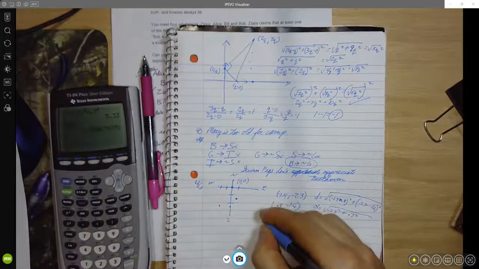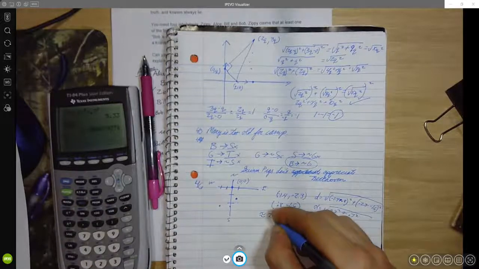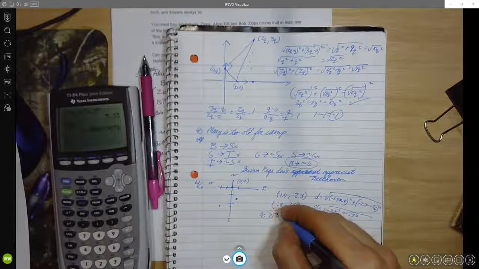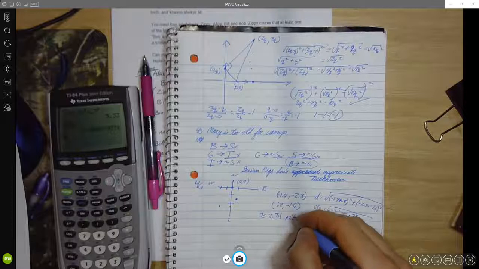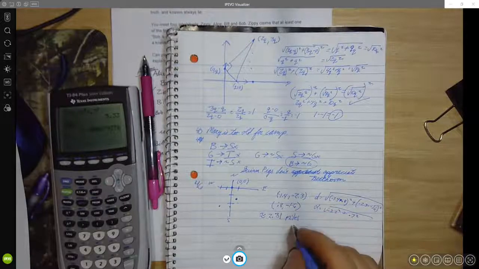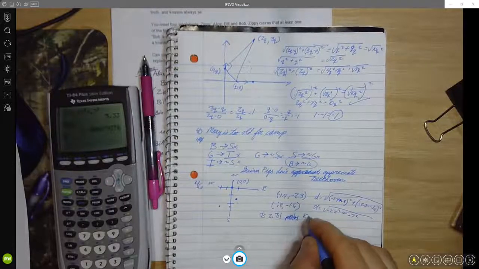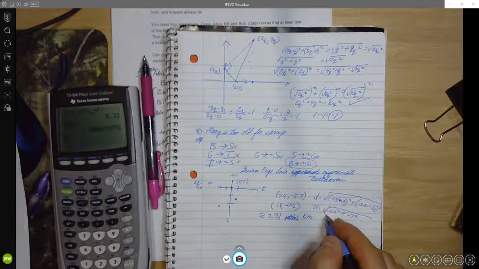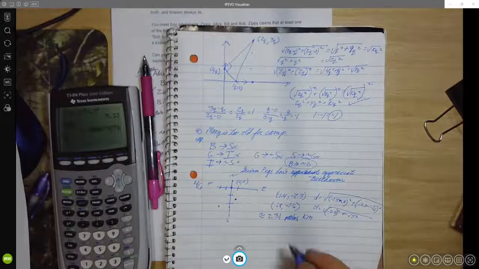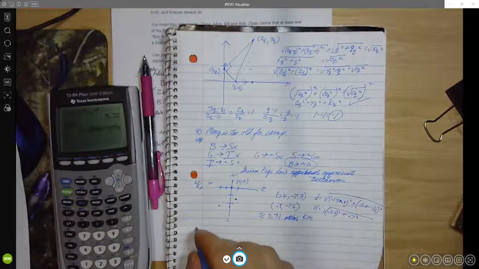So approximately 2.31 kilometers. Sorry. Yeah, just be careful with it. Remember in your calculator, you've got to do that. Okay.